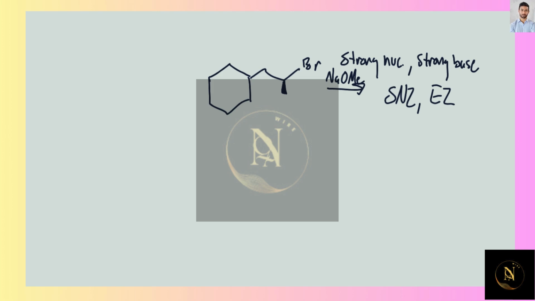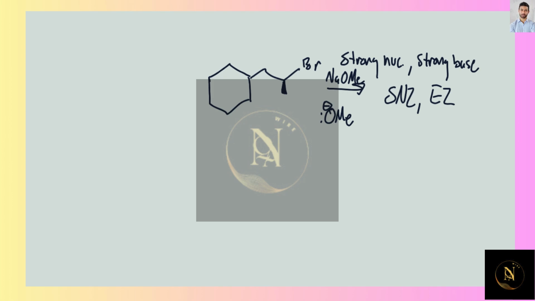Okay, so if we're talking about SN2, recall that the nucleophile we're really talking about isn't sodium methoxide, it's simply methoxide, negatively charged. An SN2 reaction would in fact invert the stereochemistry about the carbon with the leaving group, our bromine.